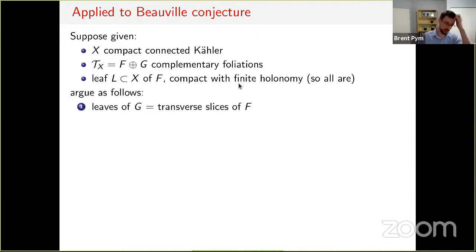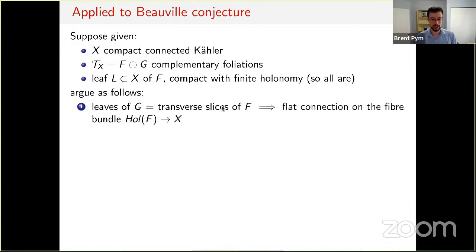Then what we do is the following. First of all, we have two foliations which are transverse to one another. So it means that the leaves of G are giving transverse slices to the leaves of F. So now I consider what that means.